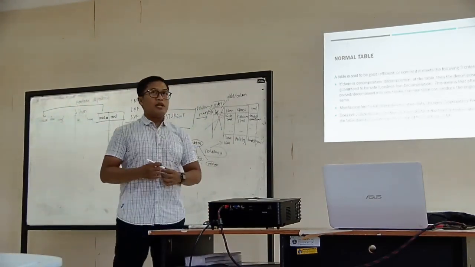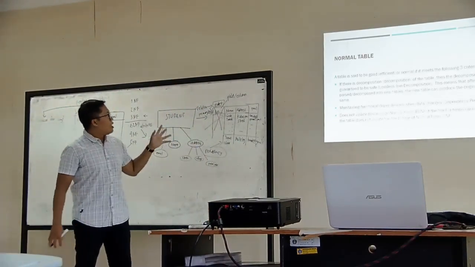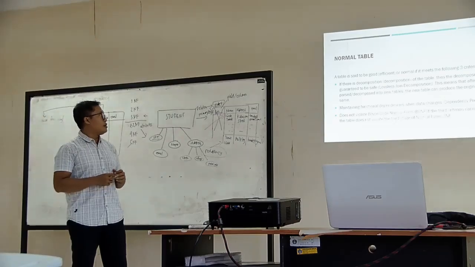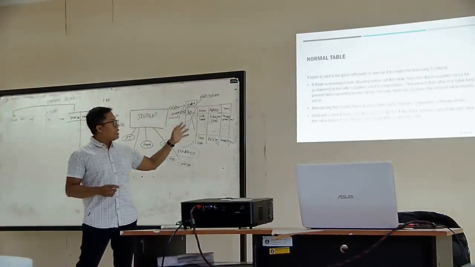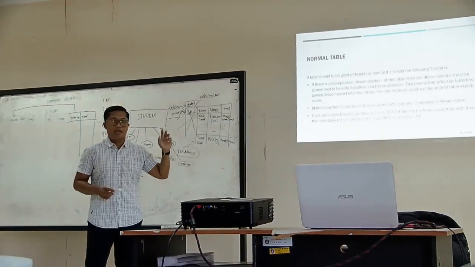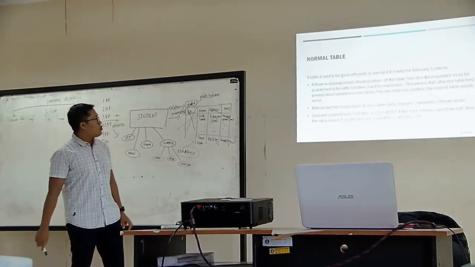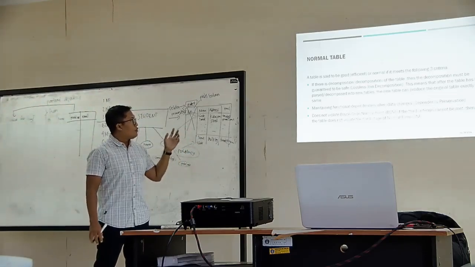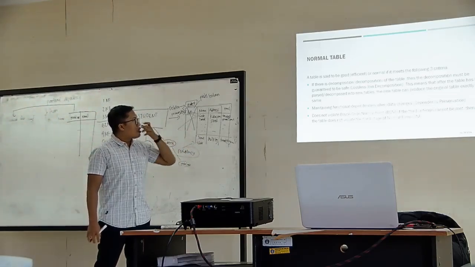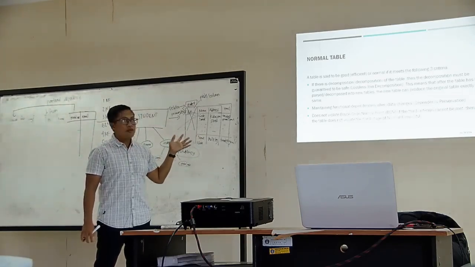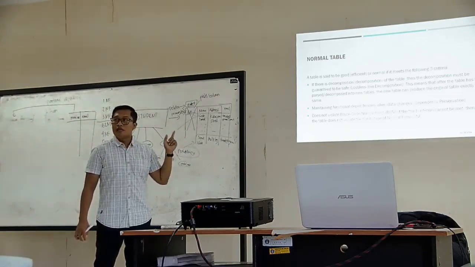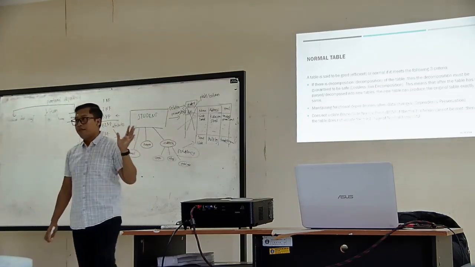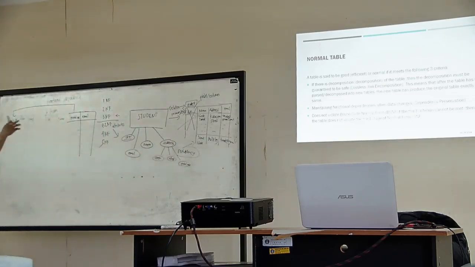Okay. Normal table. A table is said to be good, efficient, or normal if it meets the following 3 criteria. The first one: if there is decomposition of the table, then the decomposition must be guaranteed to be safe, or lossless join decomposition. What is the meaning of lossless join decomposition? We can use the last table that we created.